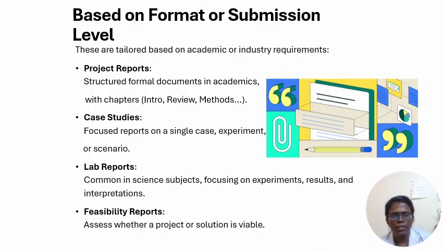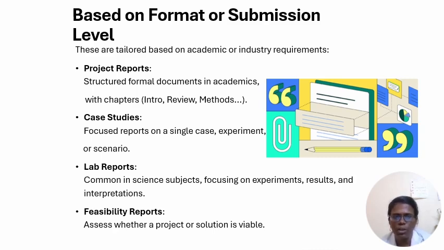Now, this category is based on format or submission level. These are tailored based on academic or industry requirements. Look at these categories: project reports, case studies, lab reports, feasibility reports. Project reports are structured formal documents in academics with chapters, intro, review, methods.